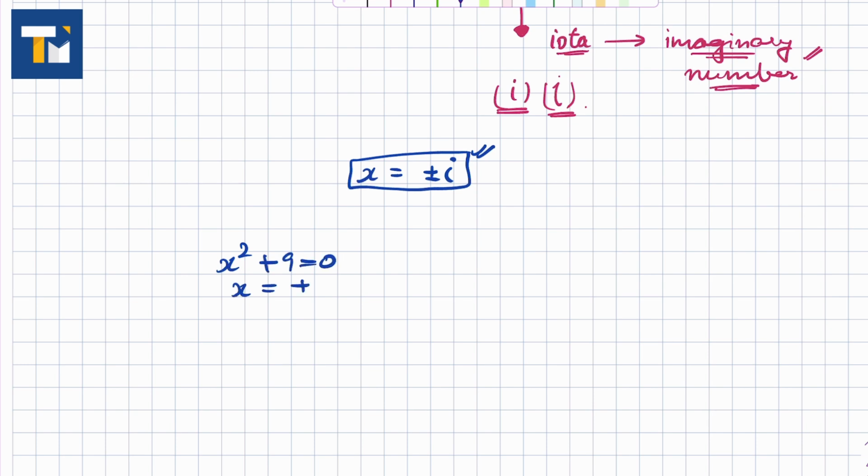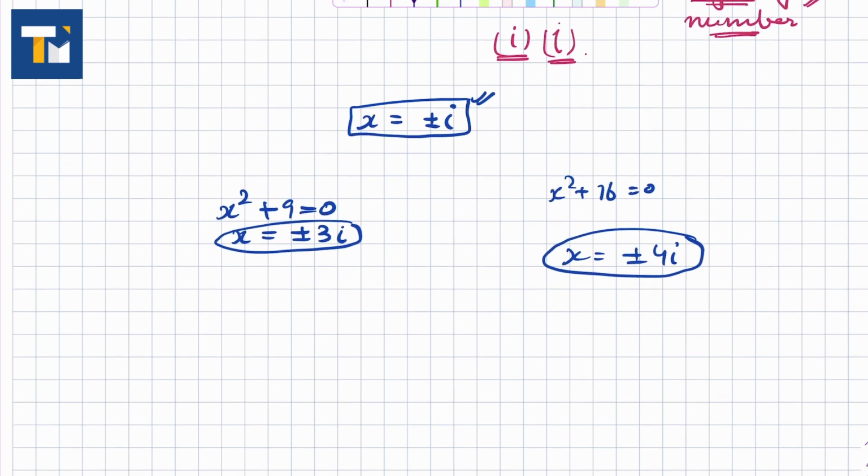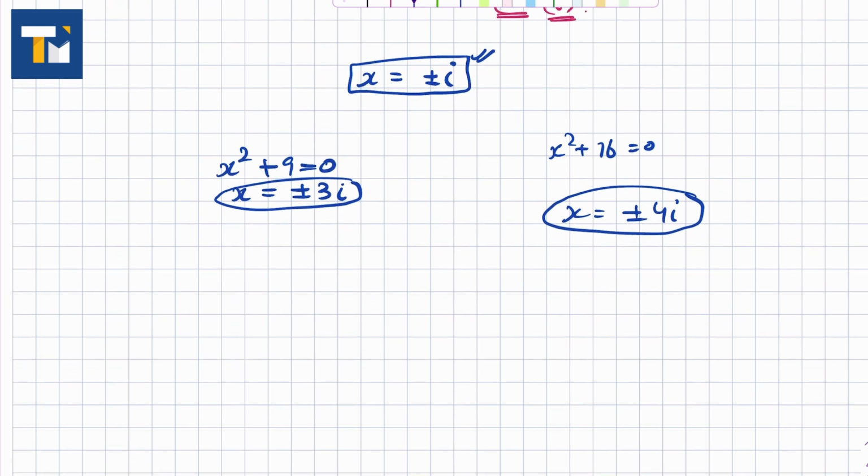So now x is equal to plus minus 3 iota. But if it were x squared plus 16 is equal to 0, then we have x is equal to plus minus 4 iota, and so on. So this basically opened a Pandora's box for mathematicians. And now we can solve a lot of new equations and we'll have more answers than were available before.